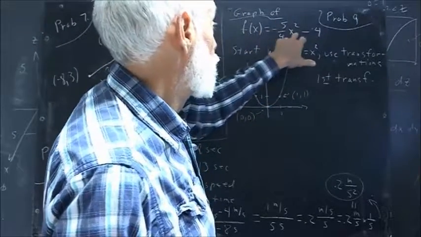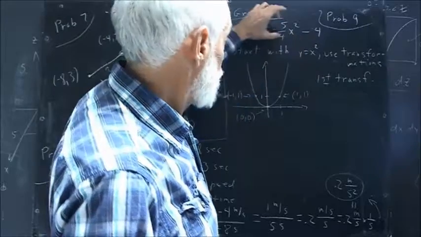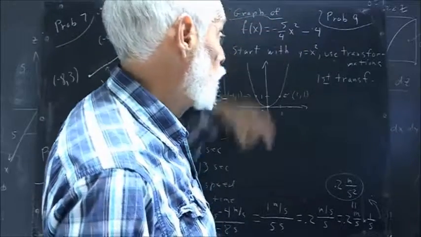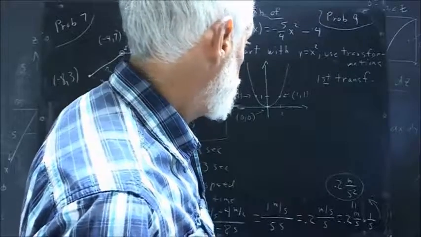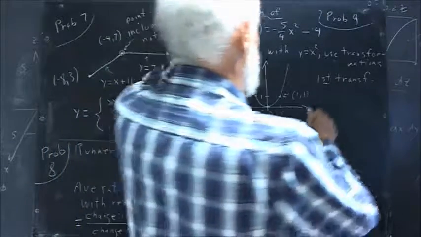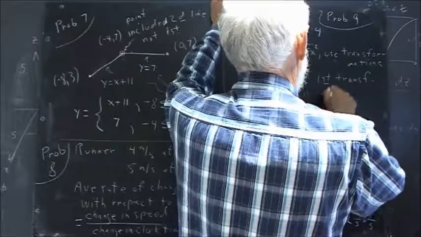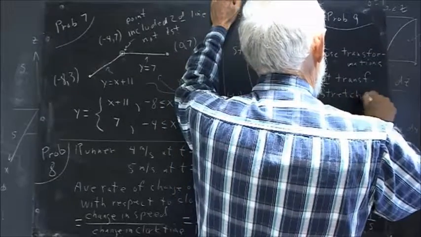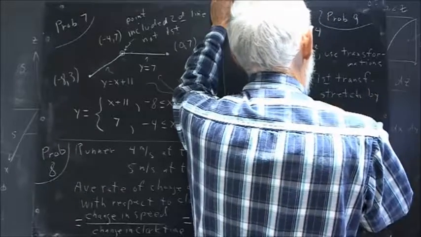The negative 5/4 is multiplied by x squared, and we're going to stretch this graph by a factor of negative 5/4.